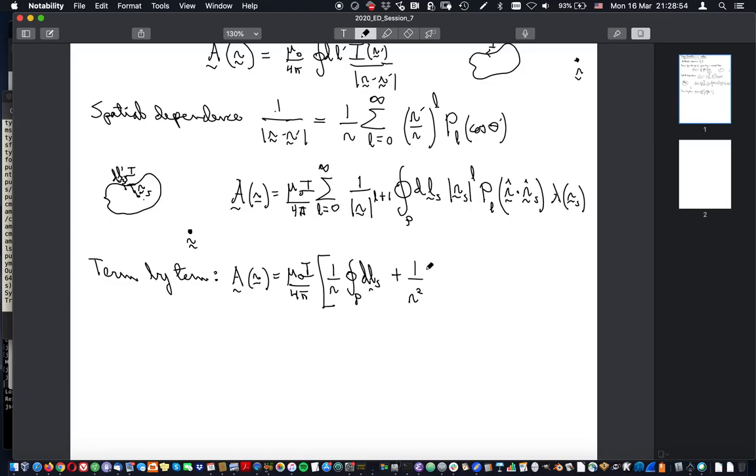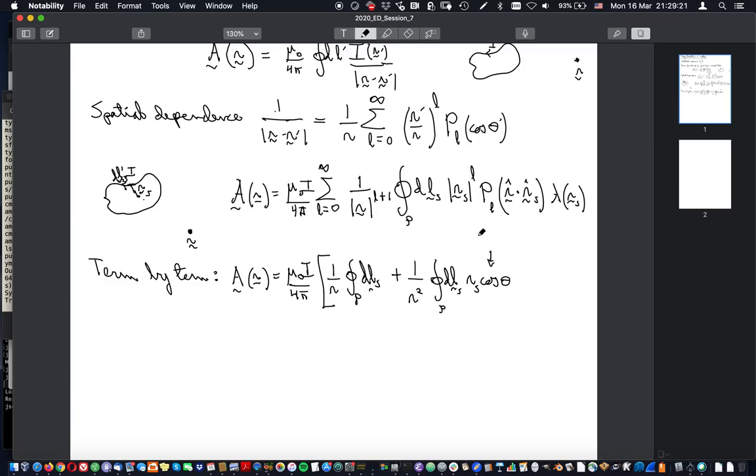And then the integral I need to do is again the integral over the closed path of dl_s, and now I've got the r_s cos theta, where theta is the angle between r and r_s.